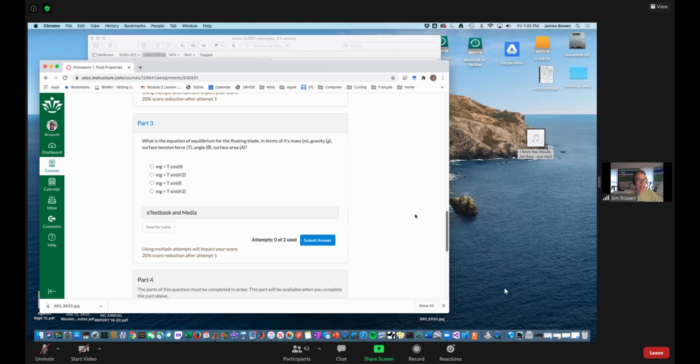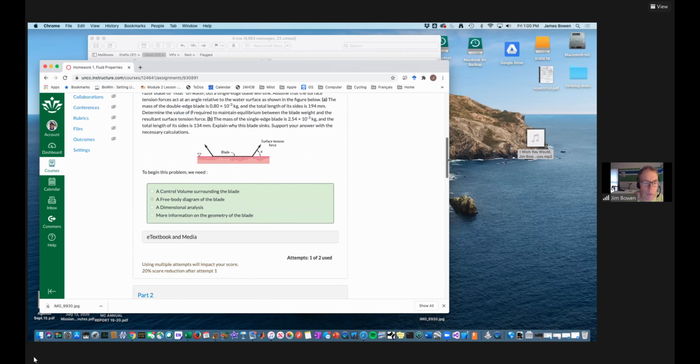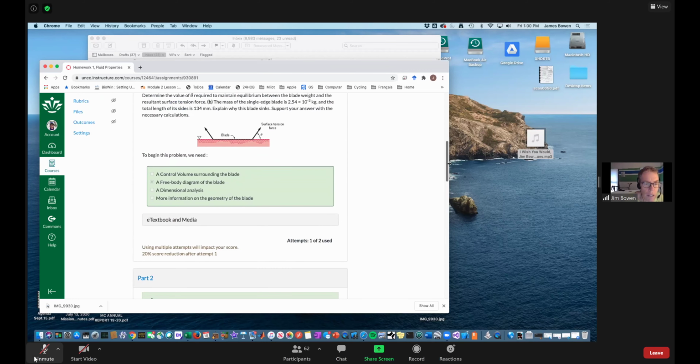All of them look like they might be right because just dimensionally you've got a weight on the left. I say that, but surface tension force, okay, they're calling it surface tension force, and the angle and the surface area. And they give us the angle, right? So what we want is that the surface tension force is acting at a particular angle.